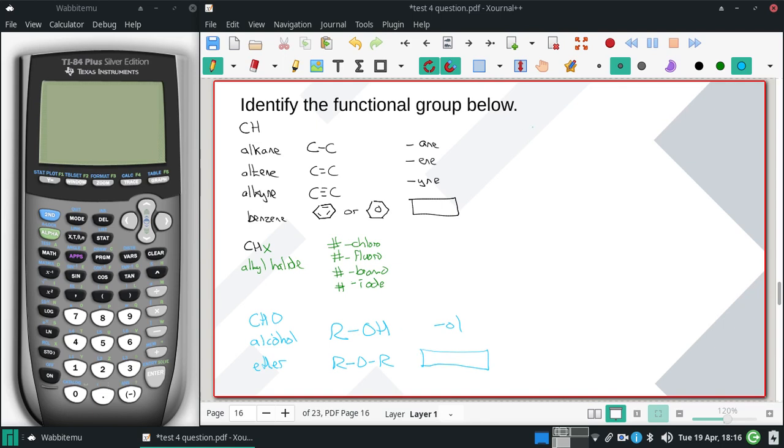Now, we're not done with the CHOs, but all these other CHOs specifically have somewhere in them a carbon double bonded to an oxygen. And this is a group that does technically grow as we go in. The simplest form is that carbon double bonded to an oxygen, and basically we'd say R and R. If they're both R's on both sides, so more carbons, you have what we call a ketone.